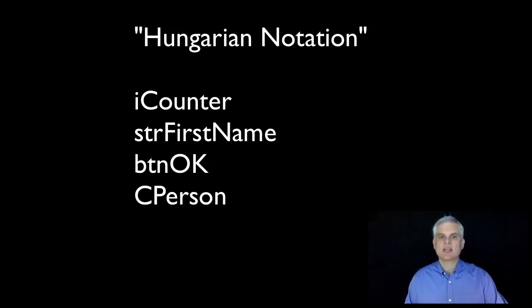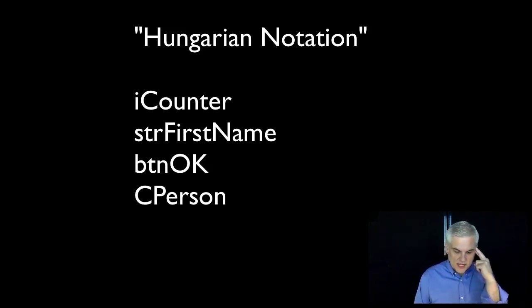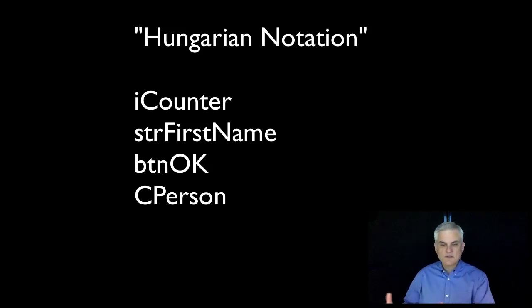And the reason why this has fallen out of vogue in recent years is because, first of all, it's hard to read. Those aren't English words. They're made-up constructs that represent something in the system, and they don't really flow off the tongue. They're easily forgotten whenever you're working in a different part of the system, and there are a bunch of different reasons why they're inconvenient and not expressive.